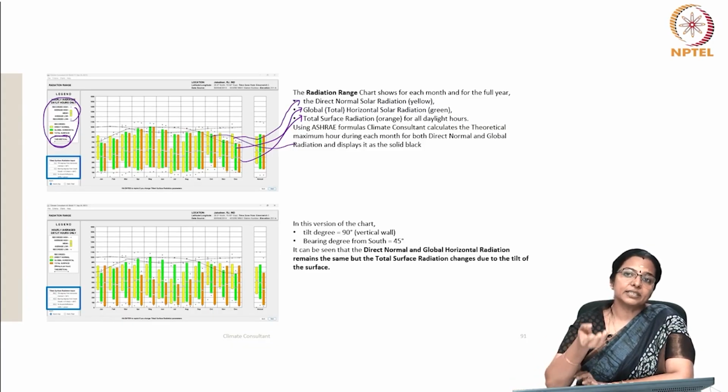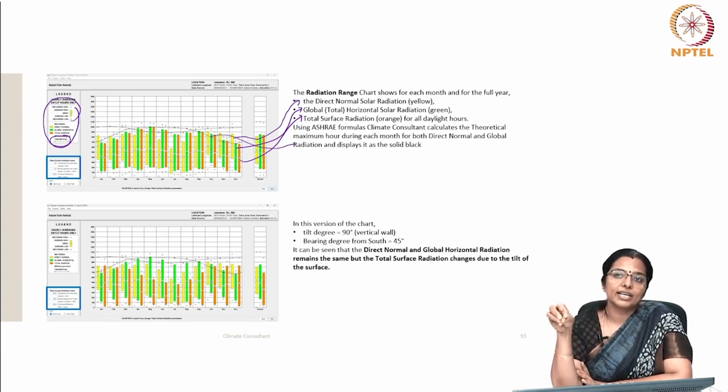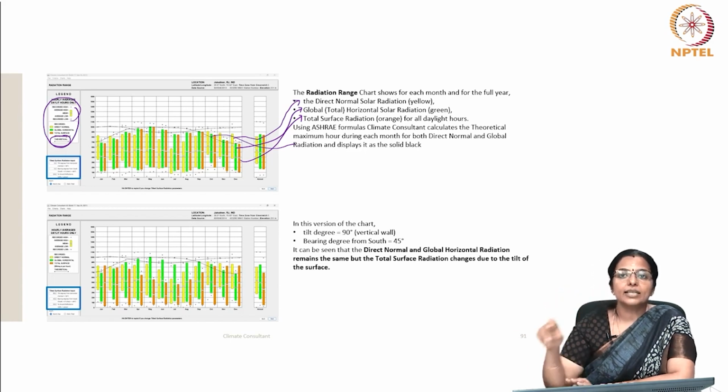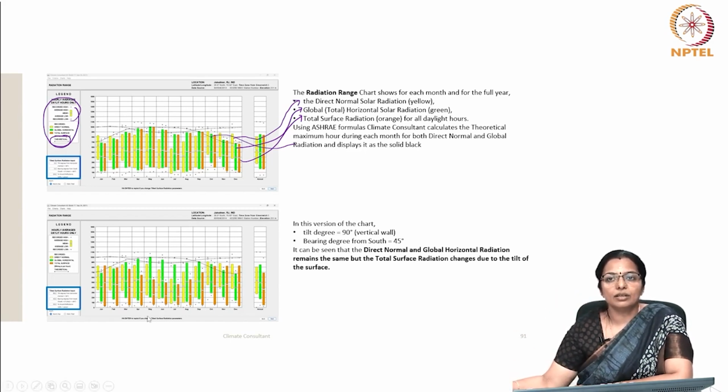So, tilted surface radiation is the hourly radiation on a tilted surface and is defined as the total amount of direct, diffuse and reflected solar radiation received on any surface during the 60 minutes preceding the hour indicated. Tilt is measured from the horizontal, so flat is 0 degrees, vertical is 90 degrees.